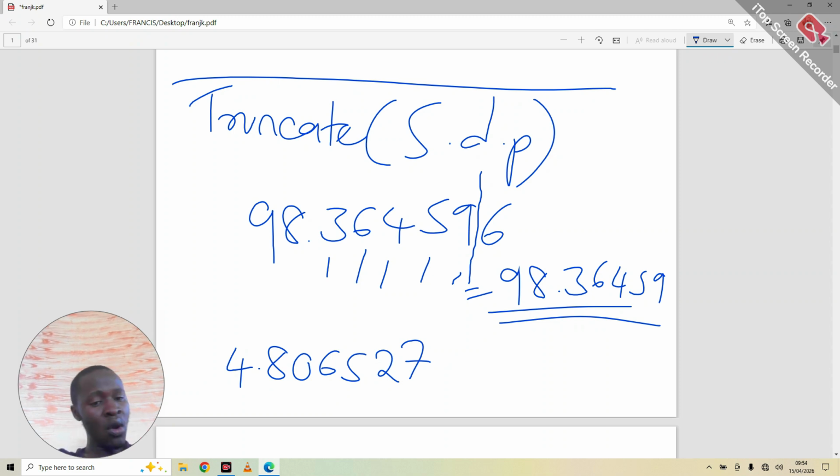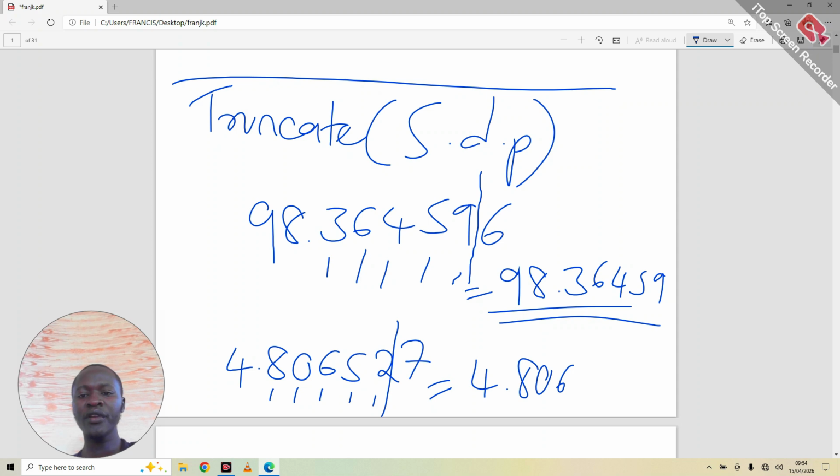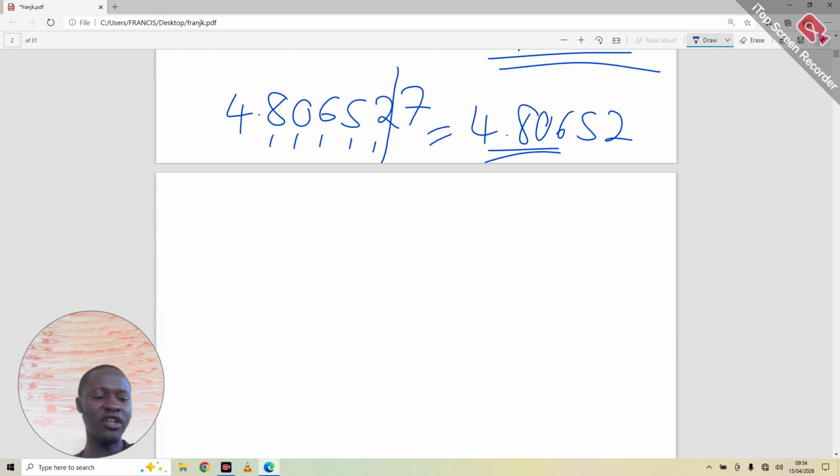So guys, what about 4.8806527? To truncate this to 5 decimal places, just come and count: 1, 2, 3, 4, 5. You truncate at that point, then our answer will be 4.88065. That is what we refer to as truncate.